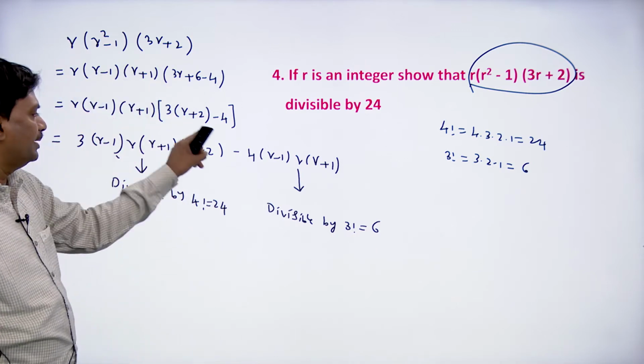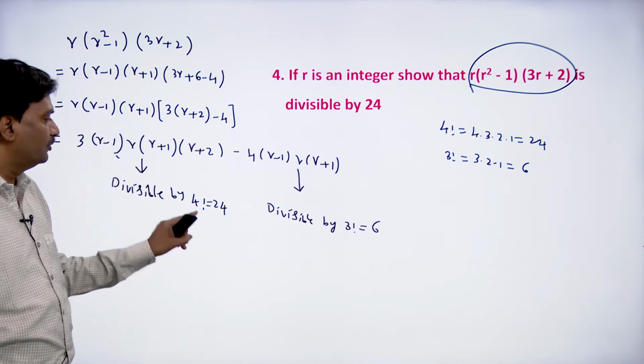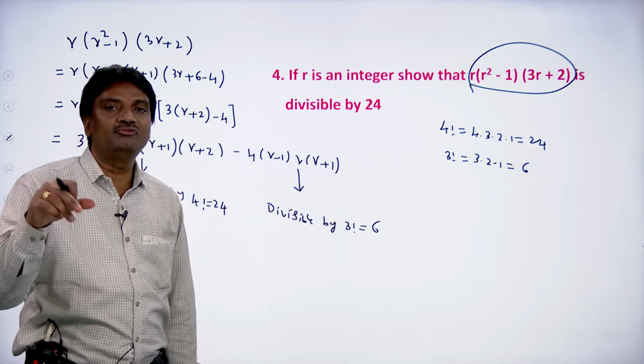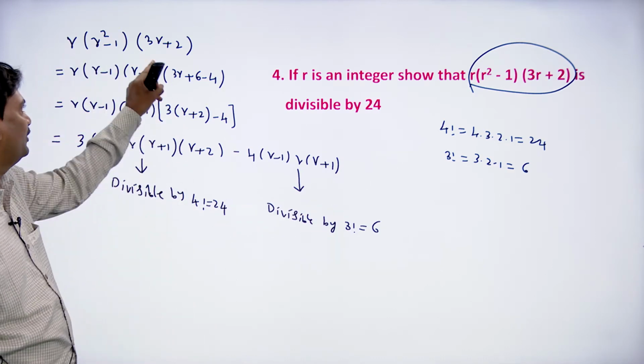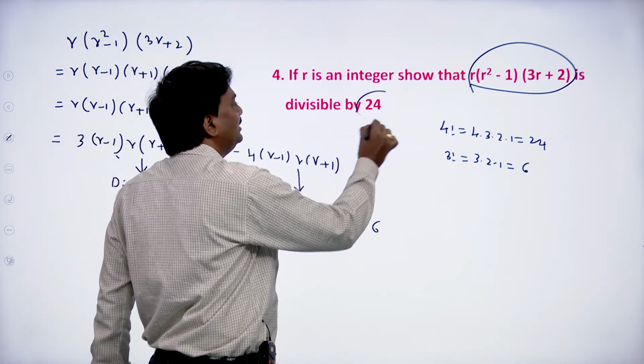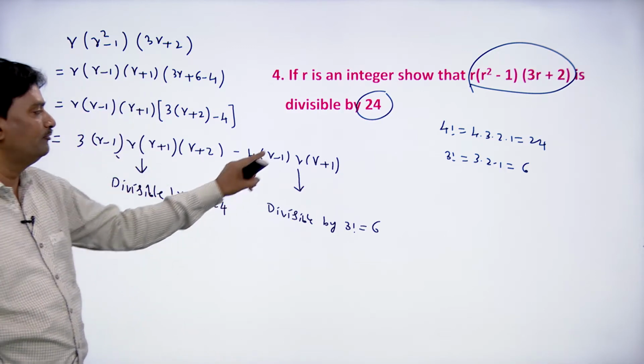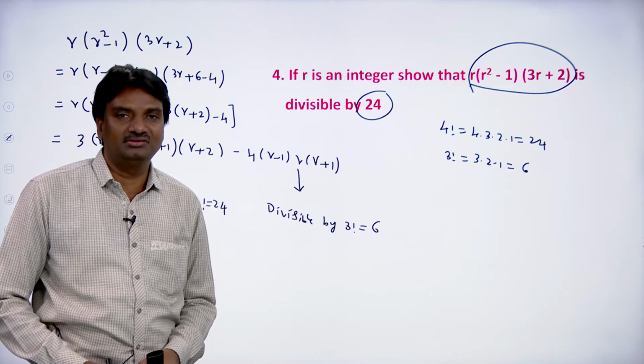So this number is divisible by 24 and this is divisible by 6. So we can say the LCM of 24 comma 6 is 24. So that's why r into r square minus 3r plus 2 is divisible by 24. The first one is divisible by 24, the second one is divisible by 6.